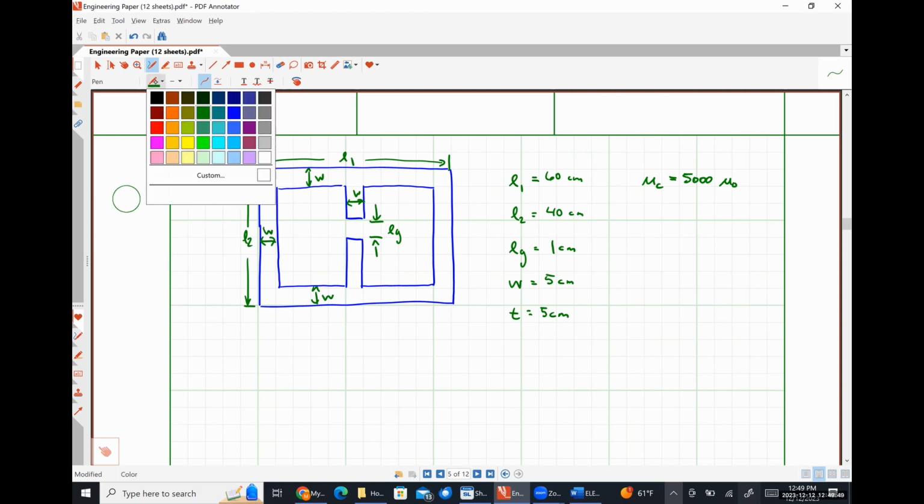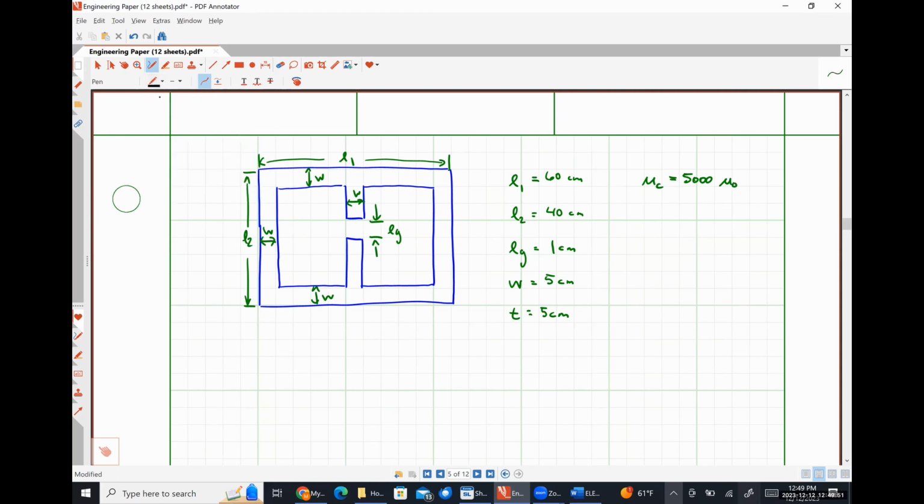Now I'm going to wrap some coils around this guy. So let's put my first coil here, like so. Let's say that coil A has 100 turns, and here's our current IA.